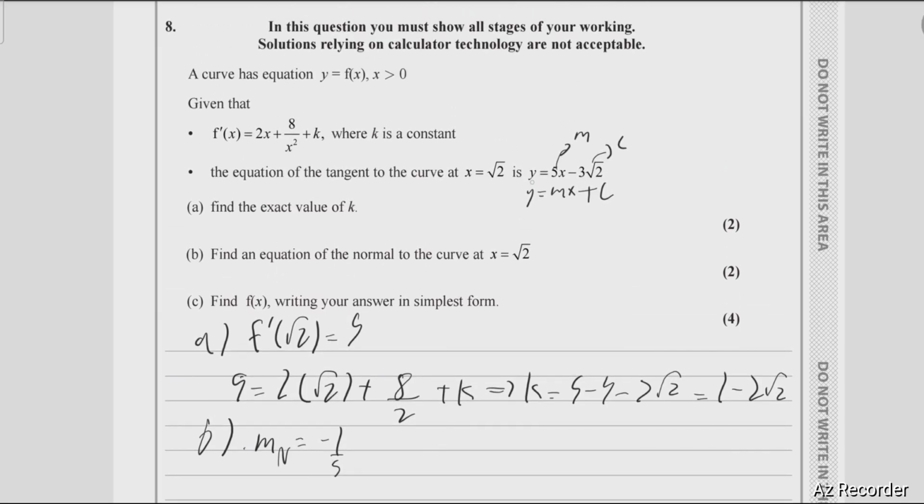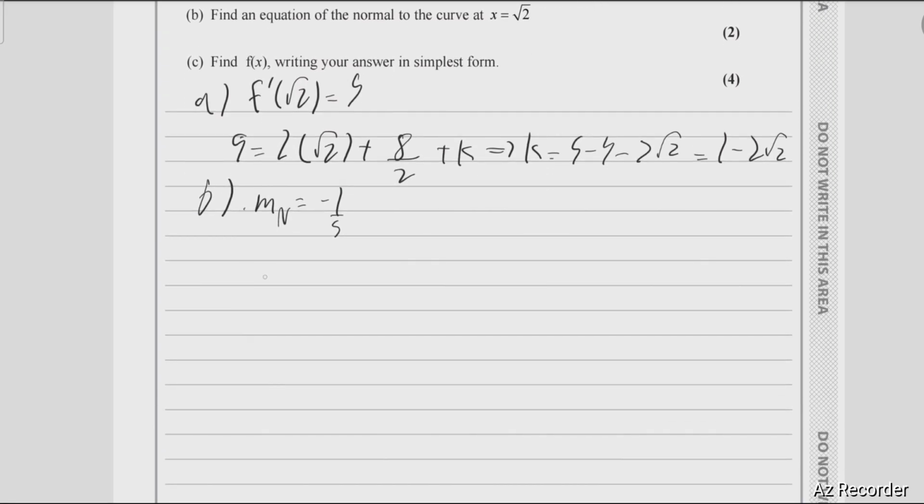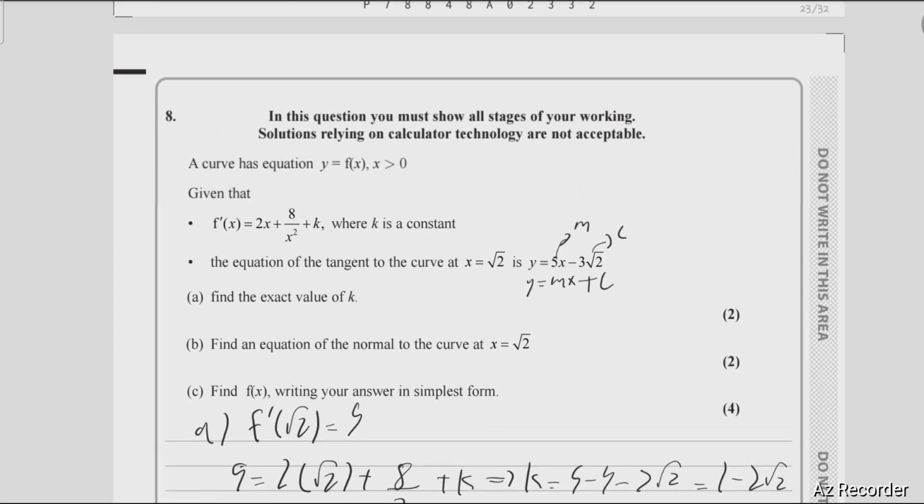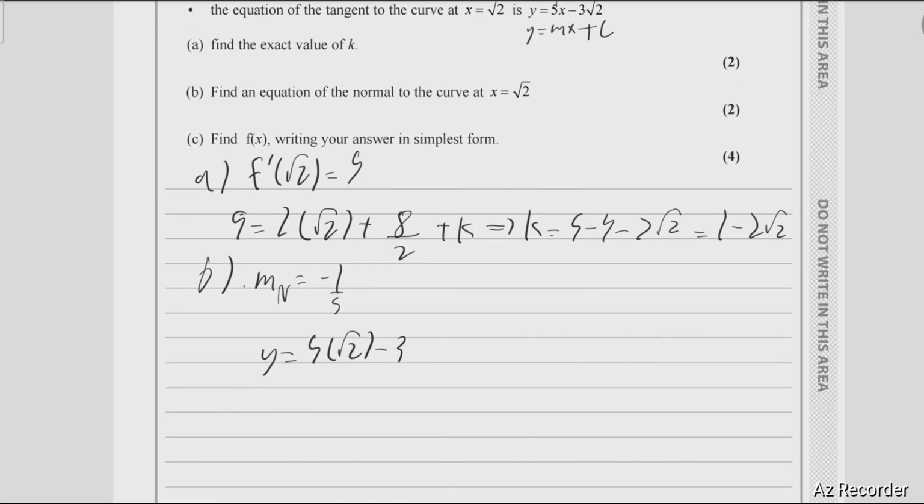I think we should get back to this equation and substitute x so that it's root 2 minus 3 root 2 to find the value of y at x equals root 2, which is just the point, 2 root 2.